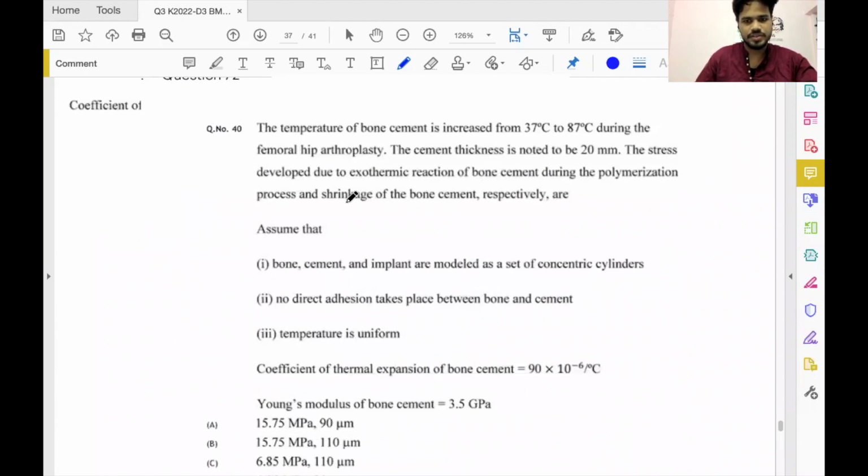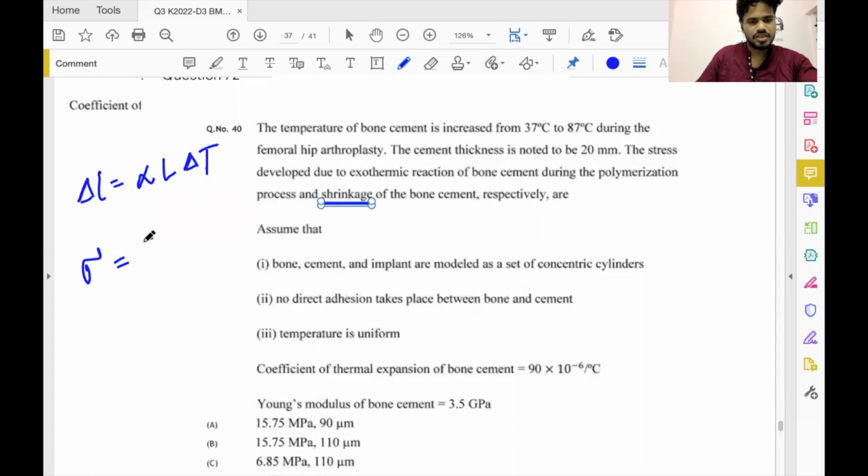And then this thing we know. We need the shrinkage. That's easier to find. Shrinkage is delta L, in fact negative of that technically, alpha L delta T. That should give us the shrinkage. And then we have the Young's modulus stress.